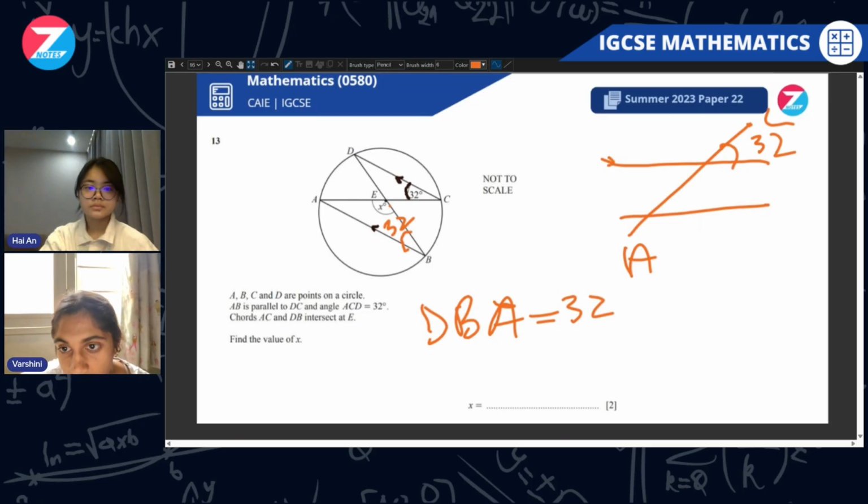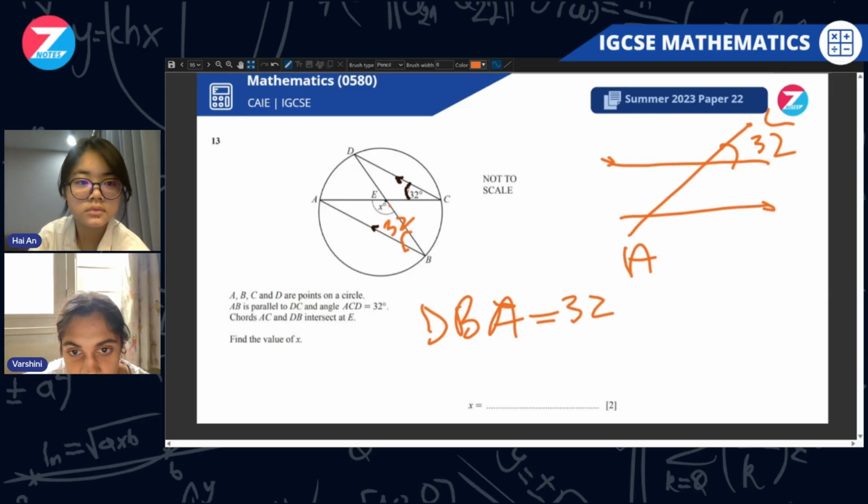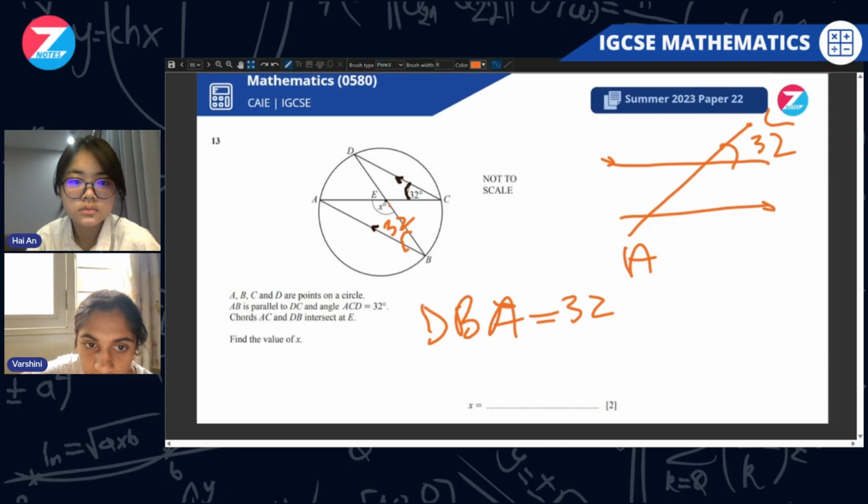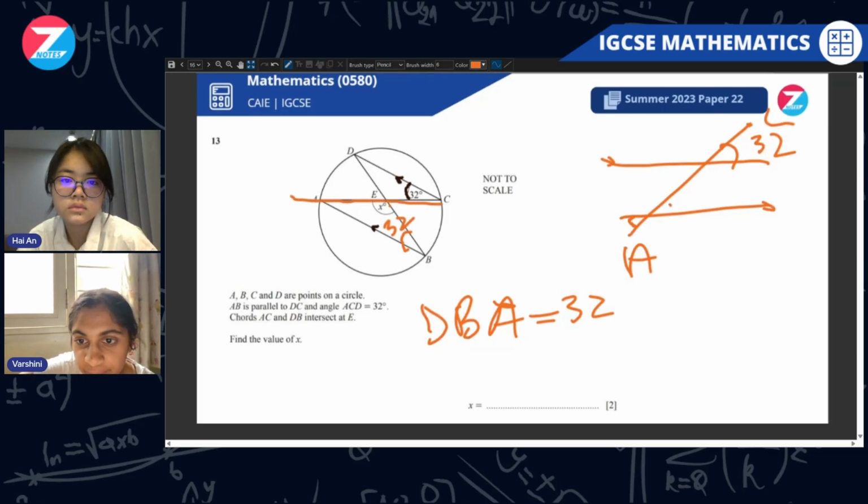According to the alternate angle theorem, this angle is also going to be 32.